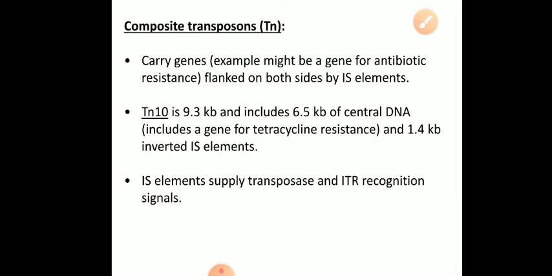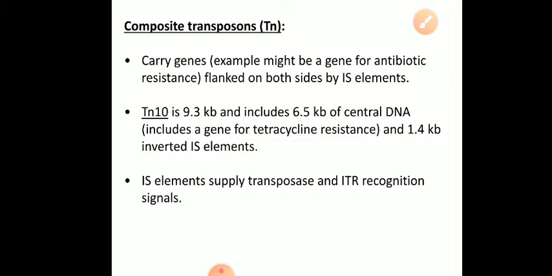What is the role of the IS elements here? They have the transposase gene, so they supply both the transposase enzyme and the inverted terminal recognition sequence. The transposase enzyme carries out its work only when it identifies the inverted terminal repeat.